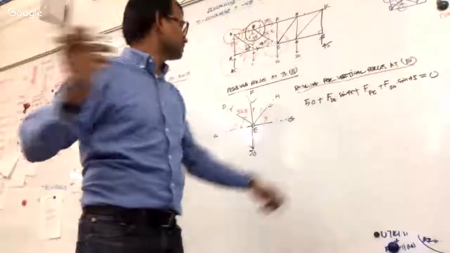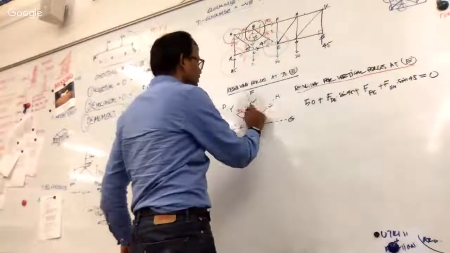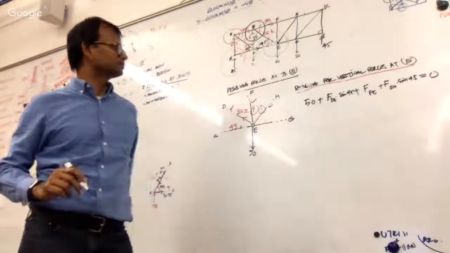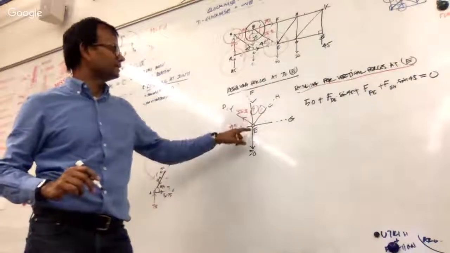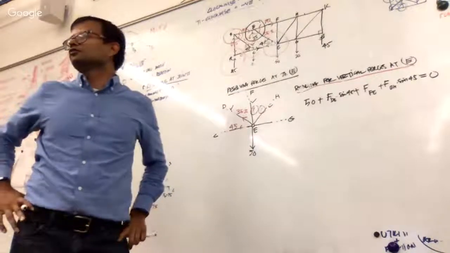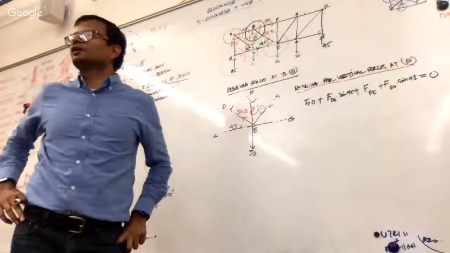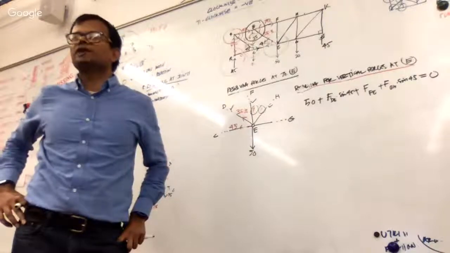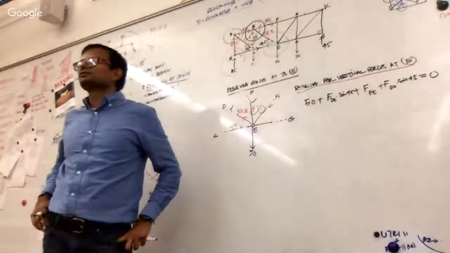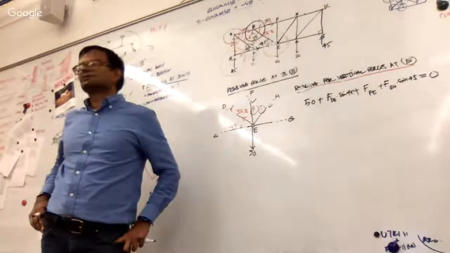But suddenly here, we have two unknowns, F_FE and F_EH sine theta. So technically Noah would be right, it's unsolvable. However, I can tell you it's solvable. And why would it be solvable? Because the side is exactly the same.